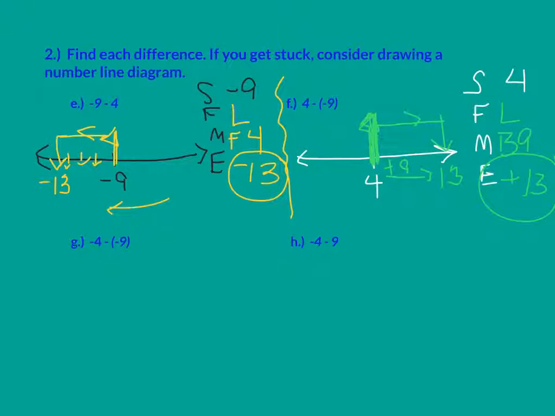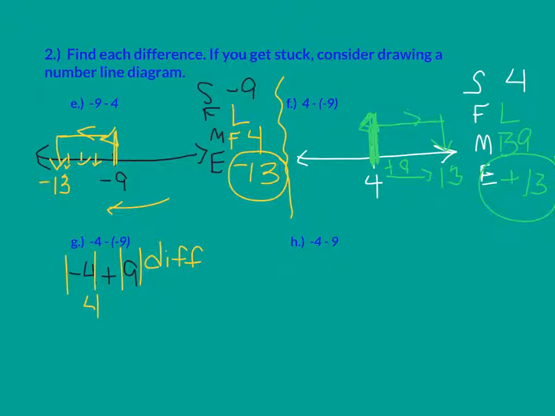Next, I'm going to do these last two using my rule. Stay, change, change, cha-cha-cha. The signs are different. Find the difference. So here I am with my difference. Got my absolute values. Absolute value of -4 is 4.